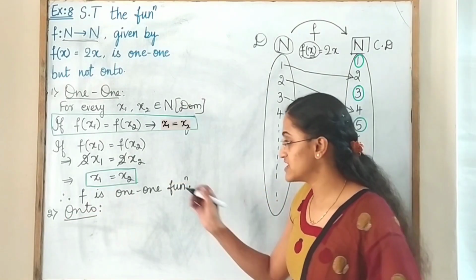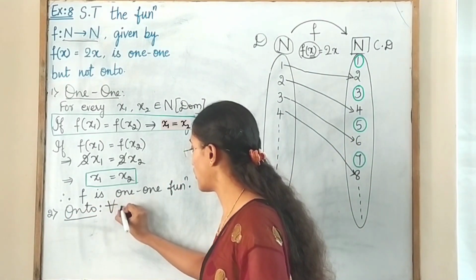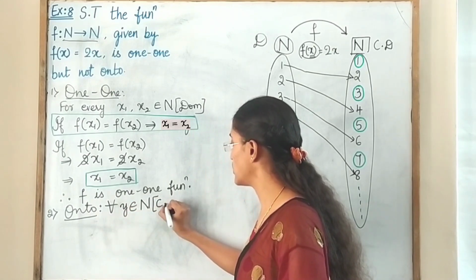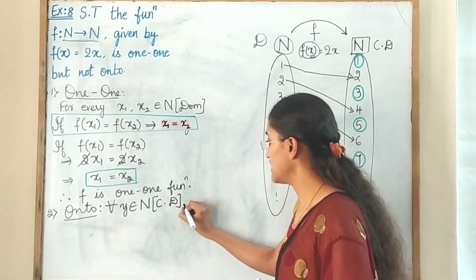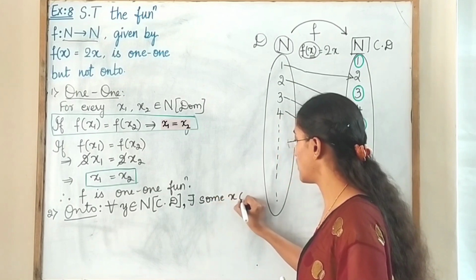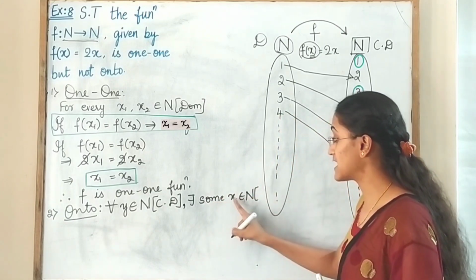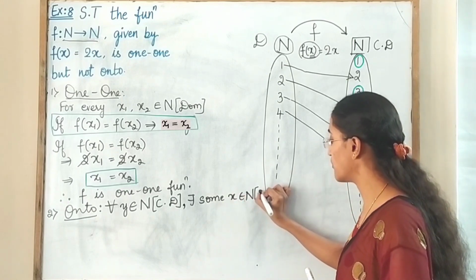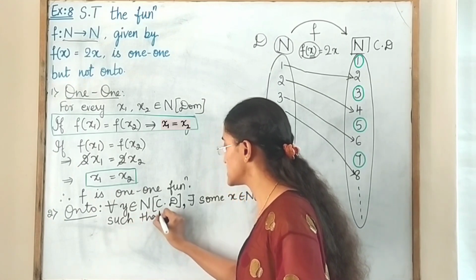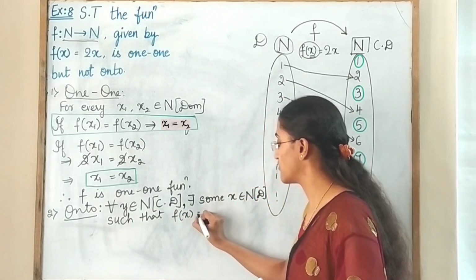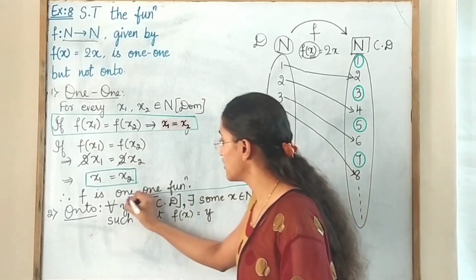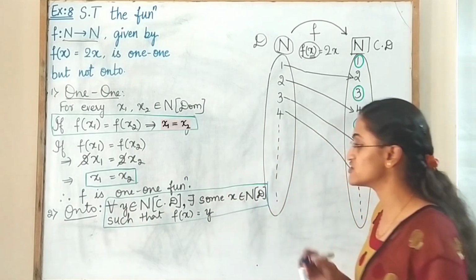Recall the mathematical definition for onto, that is for all y which belongs to N, this is the codomain, then there exists some x which belongs to N, which is x means the element in the domain, such that f of x is equal to y, right? This is the mathematical definition for an onto function. We need to now prove this.